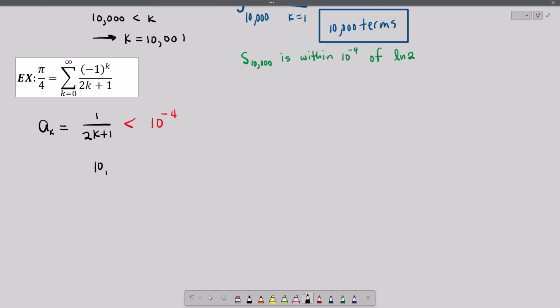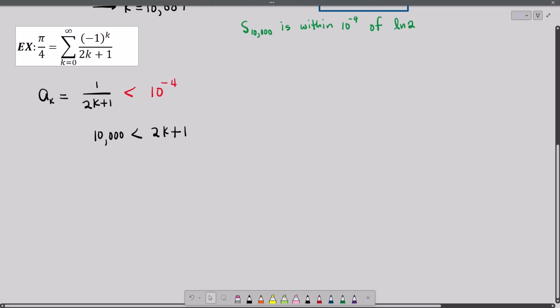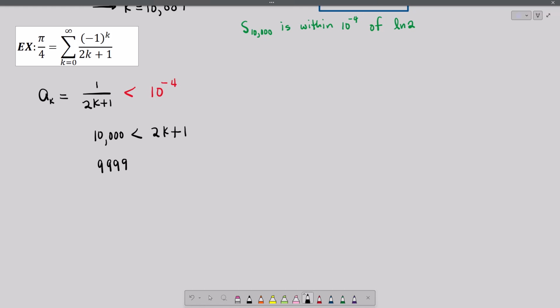We're going to have 10,000 and we're going to have 2k plus 1 on the right. Subtract 1, and we get 9,999. And then we divide by 2.